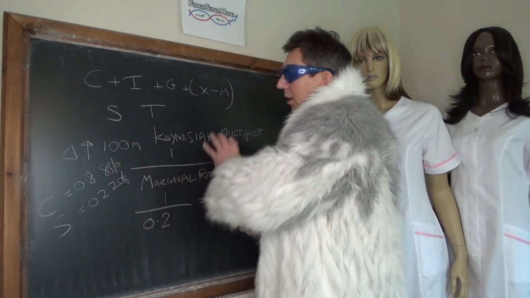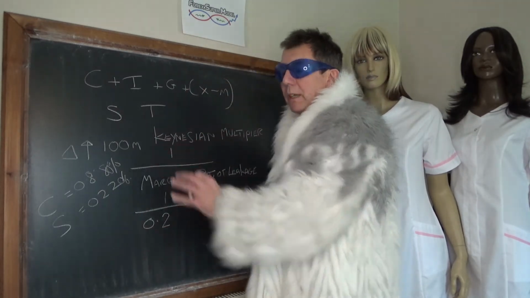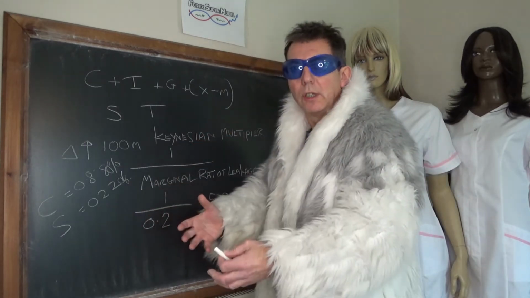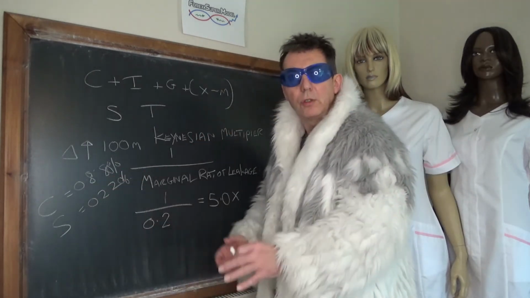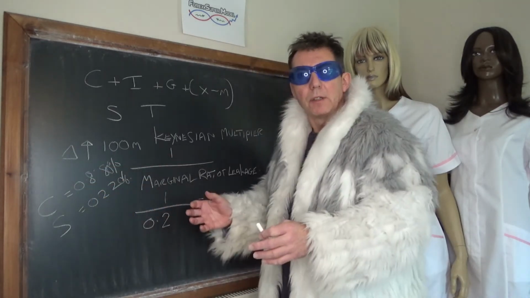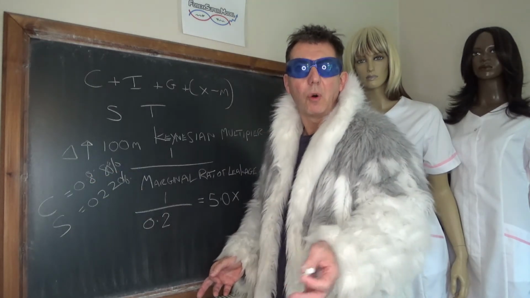But each time the round goes round, if you like, it's reduced, because the first round is like 0.8, 0.2, fair enough. And then the second round is the same figure, but it's 0.8 of 0.8, which is 0.64, and so on.